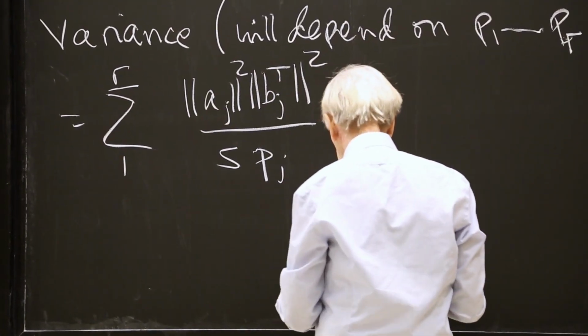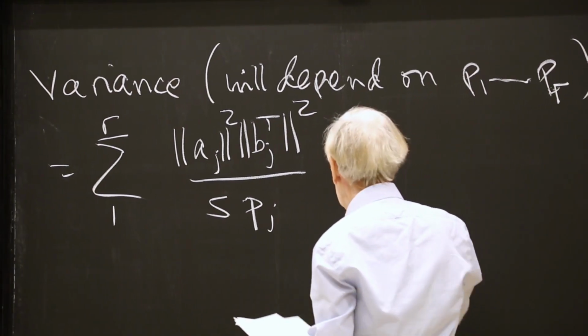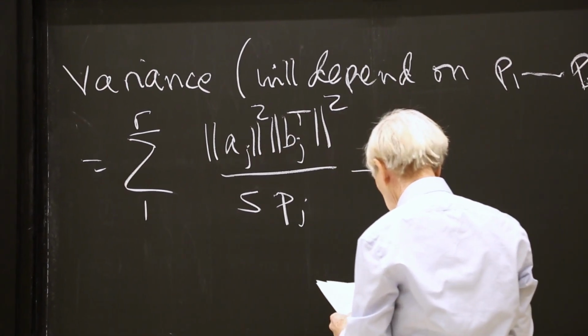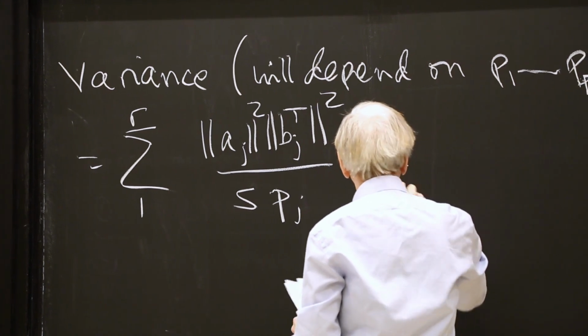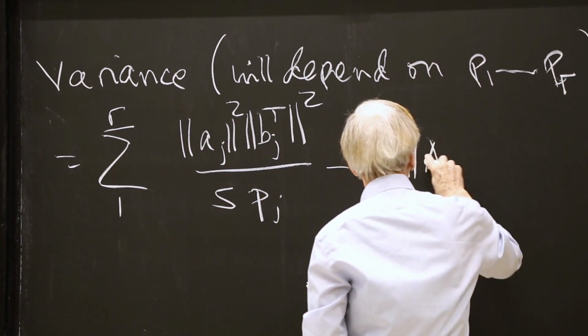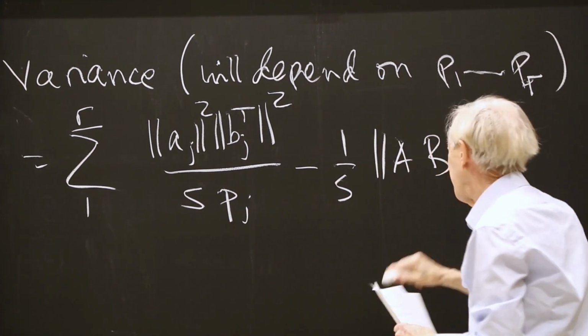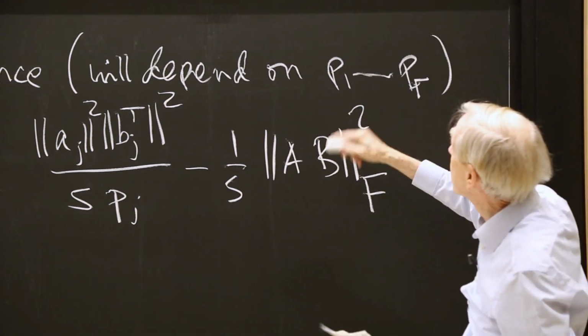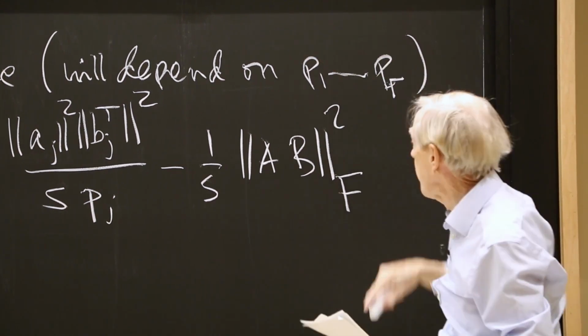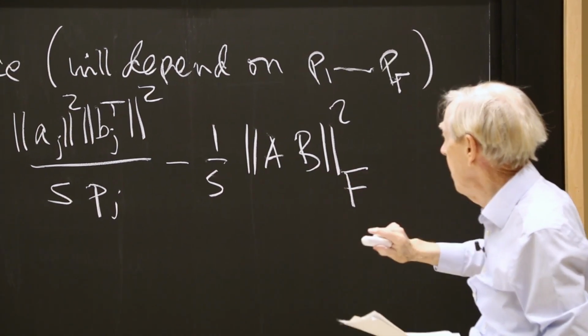So the mean squared, I think, turns out to be 1 over s times AB squared in this Frobenius norm. It's the a squared plus b squared stuff that I saw before.